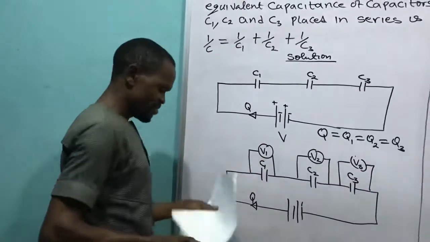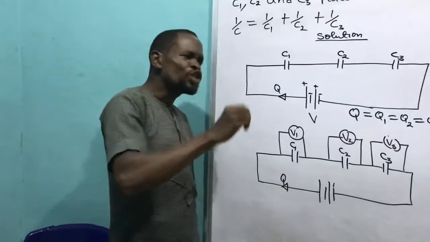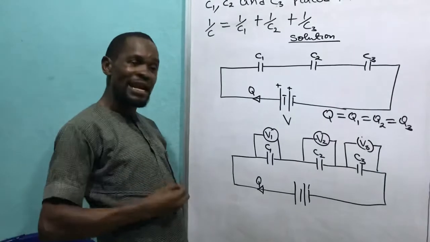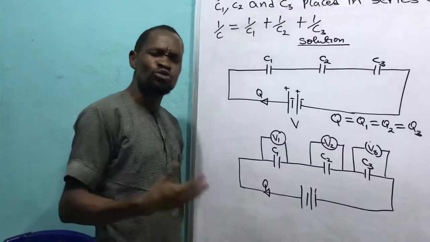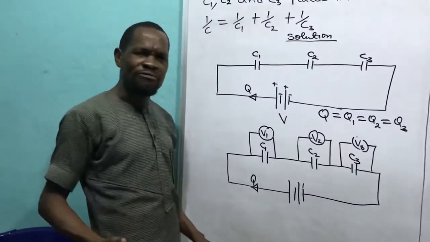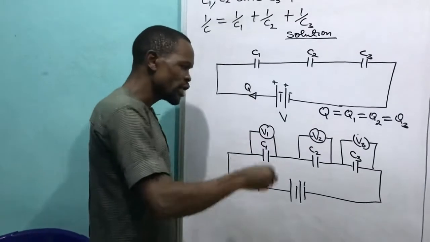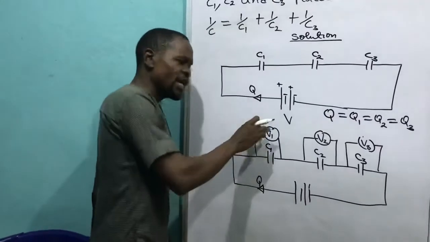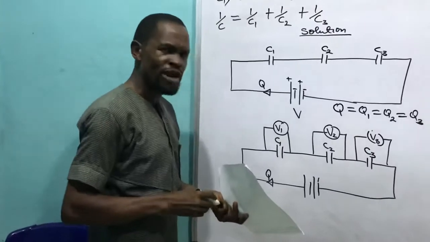In eating that rice, the size of each person's stomach is not the same. Somebody may consume 2 plates, another person may consume 3, another may consume half. That consumption is what we call voltage drop. The voltage drop across C1 is the quantity of rice he consumed from that cooler of rice.